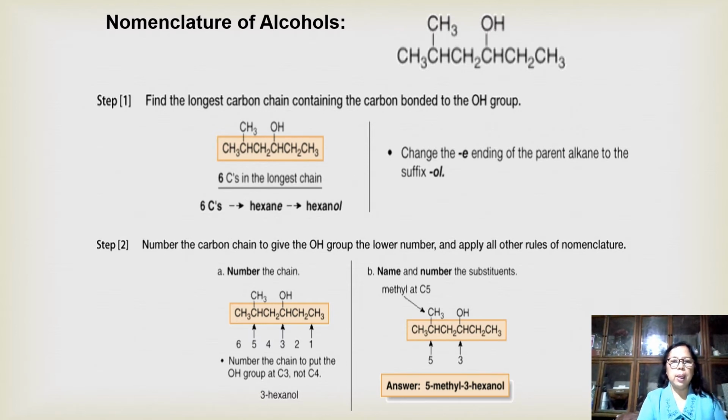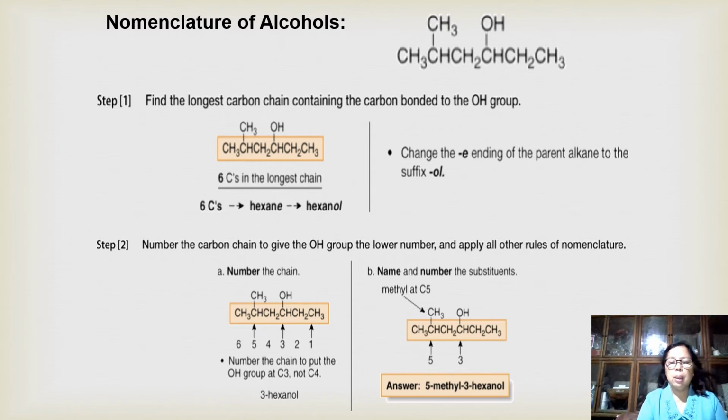So you can write there 3-hexanol, meaning to say the OH is in the third carbon of the longest carbon chain. And then the alkyl group methyl is found in carbon 5. So you write methyl and then towards the left you write 5. So the name here is 5-methyl-3-hexanol.